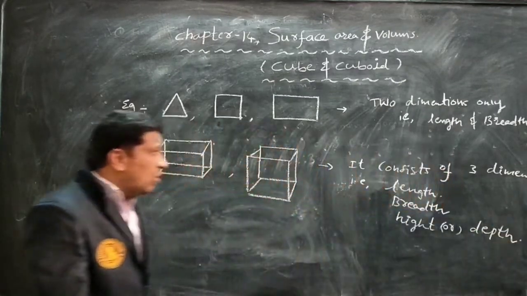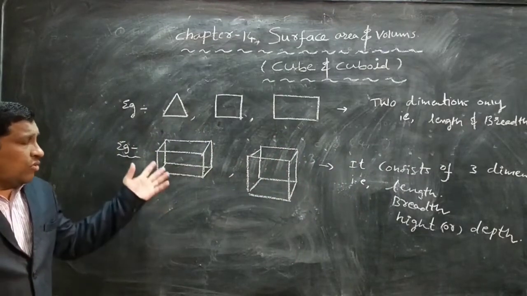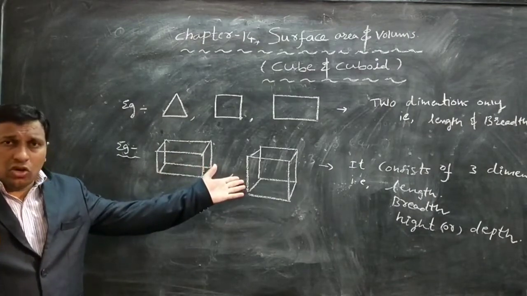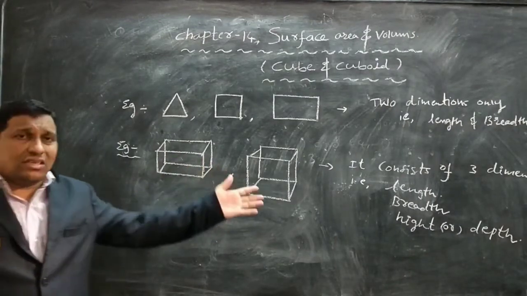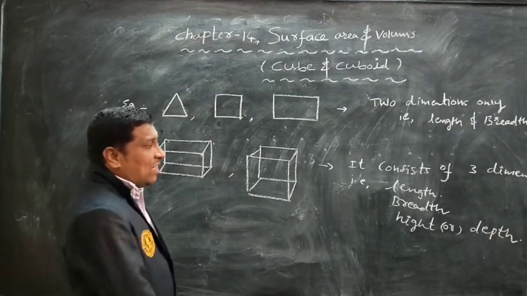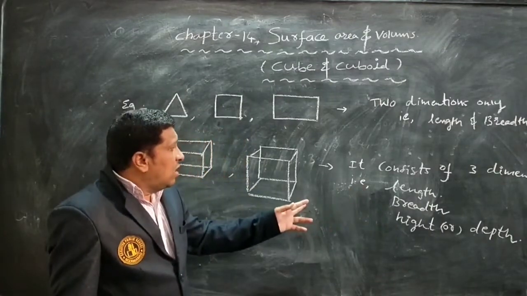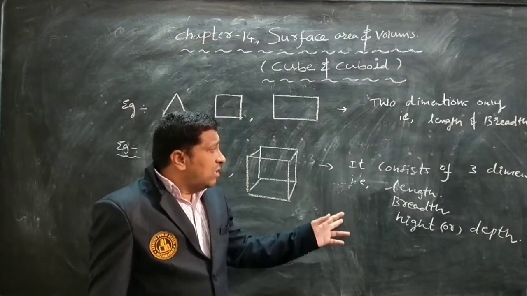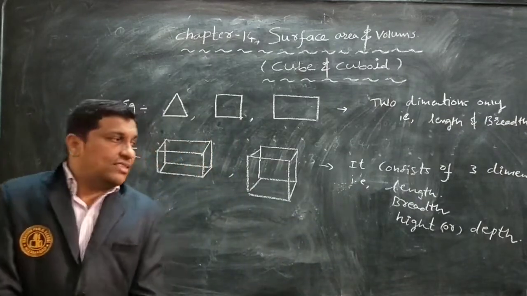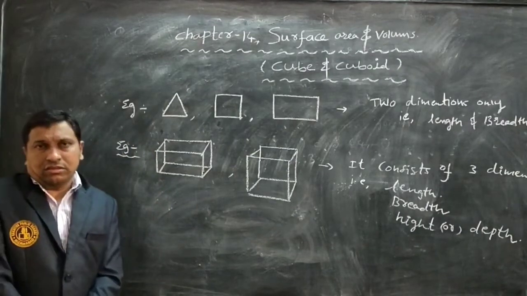We have to observe these two diagrams. The first one is a cuboid, the second one is a cube. They consist of three dimensions, that is length, breadth, height or depth. Such figures are called three-dimensional figures.